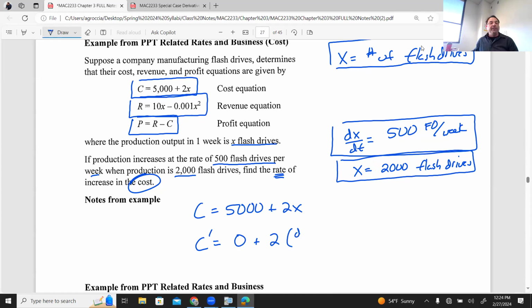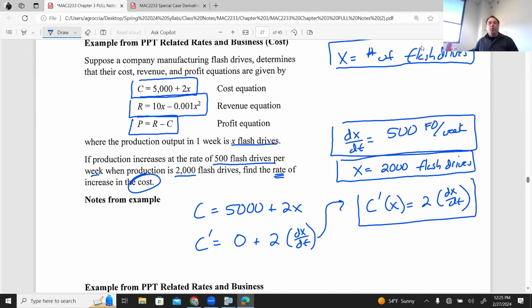You just took the derivative of x with respect to time. Now that's weird. I get it. But this becomes my rate of change, how x is changing. 0 plus anything is just the number, right? We get 2 dx over dt.